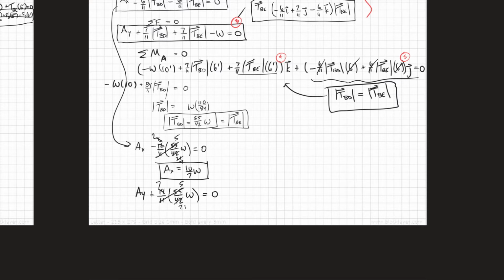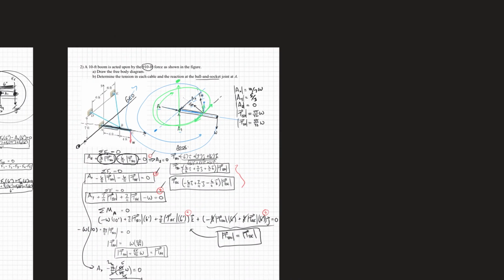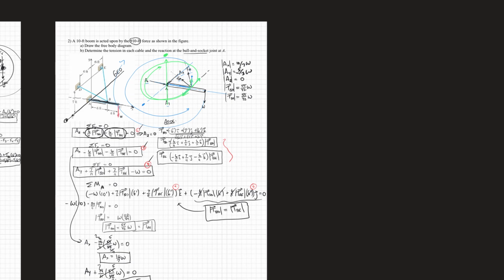If we rearrange this, I'll get AY equals negative, what's that, 35 over 21? No, 35 over 21 is 5 over 3, so negative 5/3 W. So AY equals negative 5 over 3 W. Did I put the negative in over here? I did. Okay, and so those are your answers.